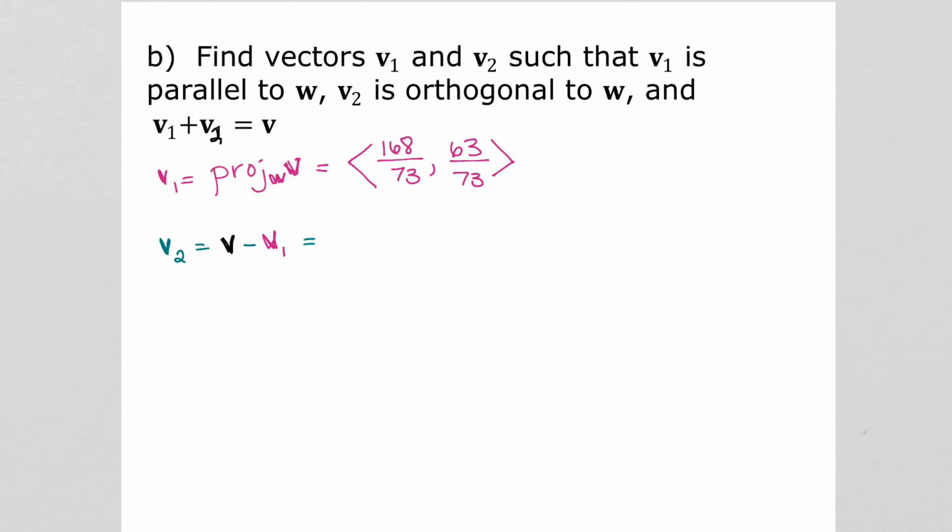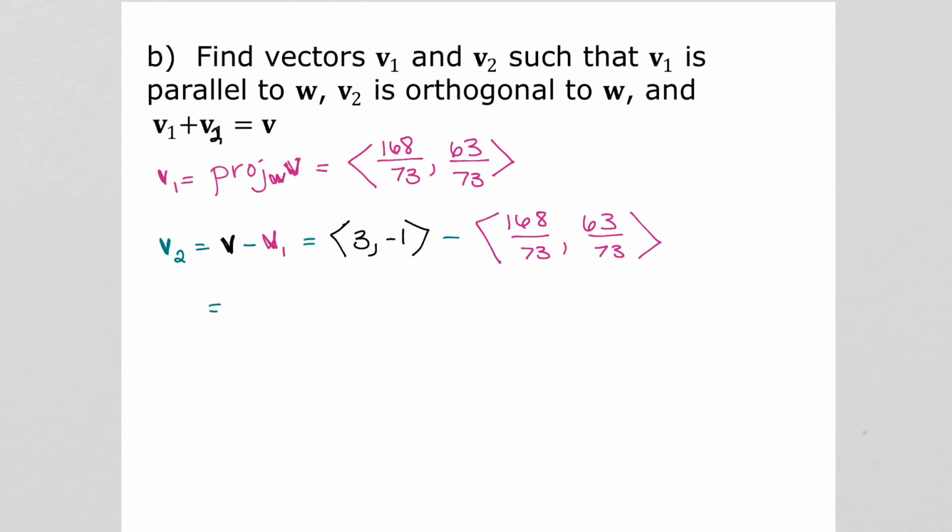V from our problem was 3, negative 1 in component form, and we're subtracting off 168 over 73, 63 over 73.